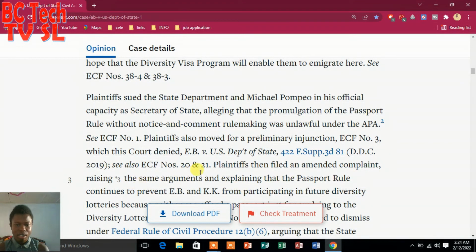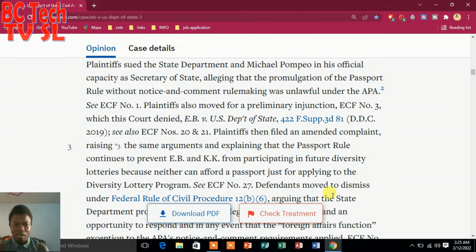Plaintiffs then filed an amended complaint raising the same argument and explaining that the passport rules continue to prevent them from participating in future diversity lotteries because neither can afford a passport just for applying to a diversity lottery.